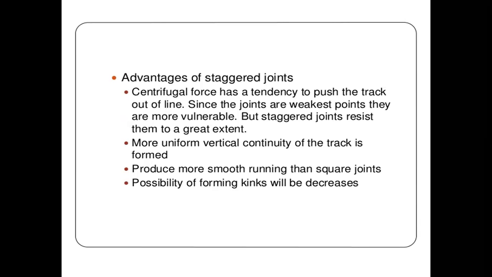In the square joint, we have seen that the joints lie quite opposite to the joint in the next rail.